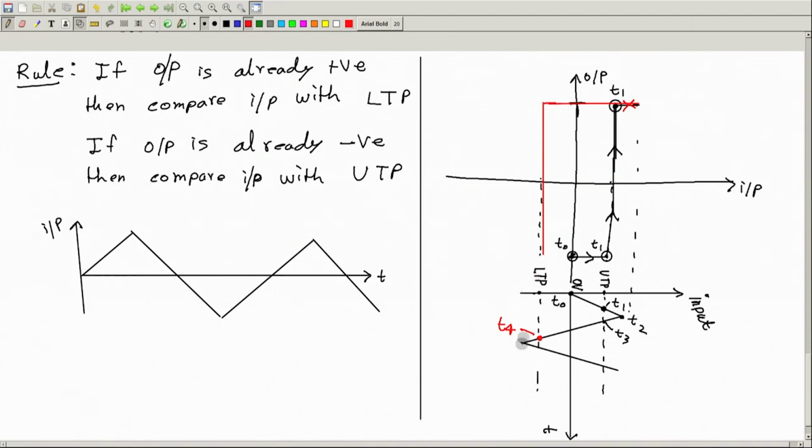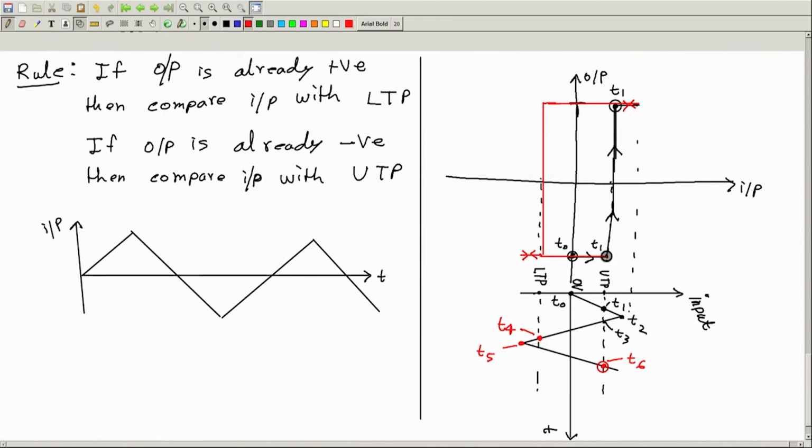Then if this is T5, after that input decreases, output will remain the same. Then input increases, but output will remain negative until this point T6, when input crosses the upper trigger point again. So up to T6, I'll go like this.